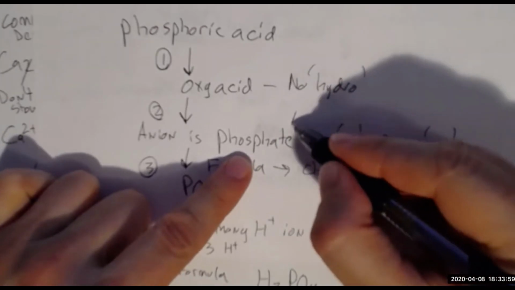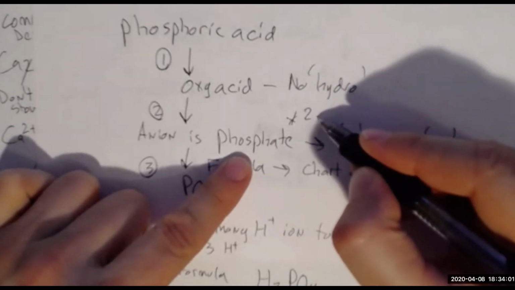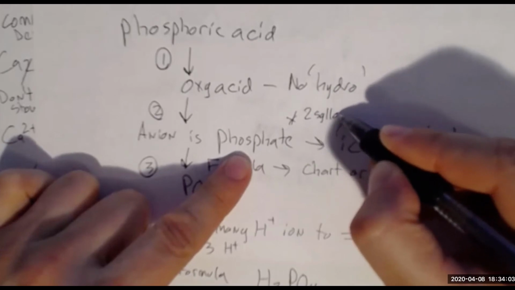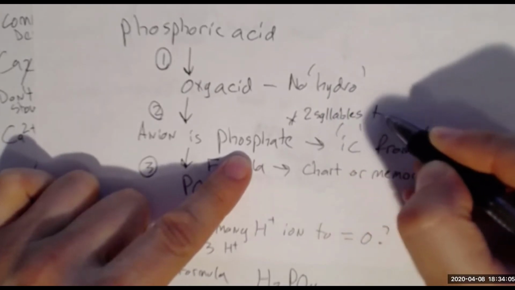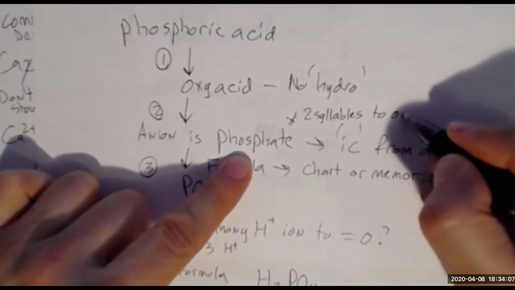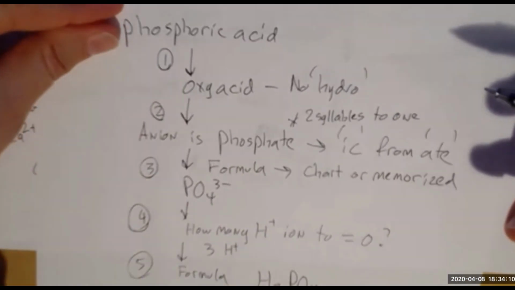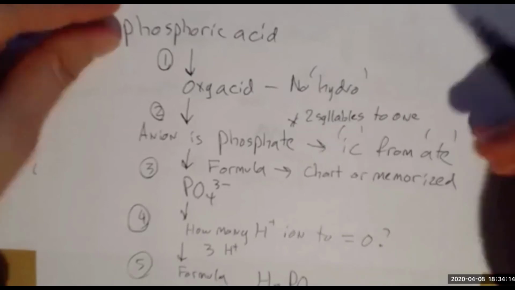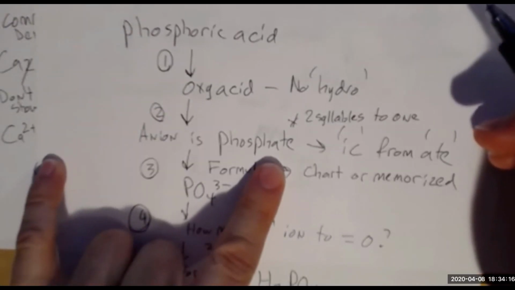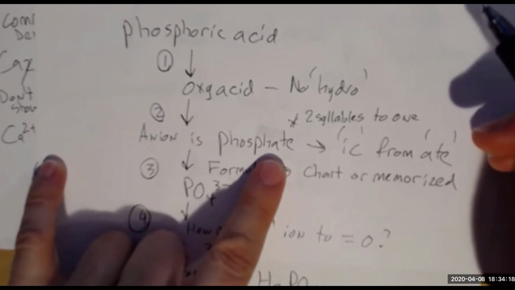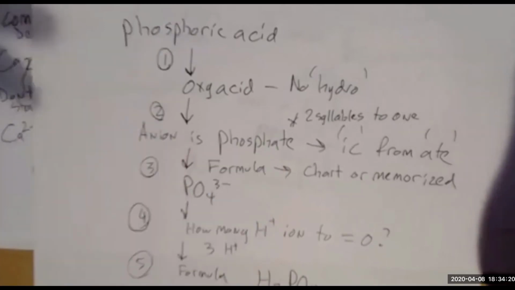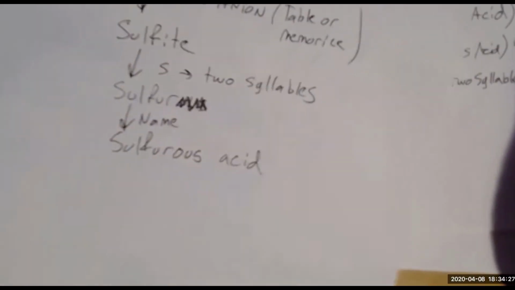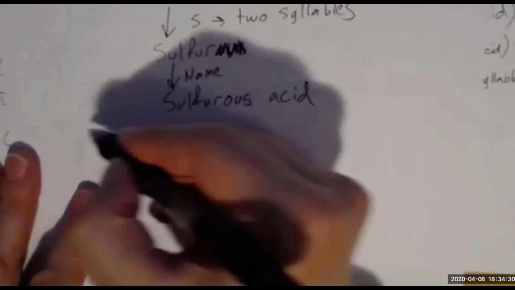This was going from 2 syllables to 1, going backwards. I'm being really picky here, but this is phosphoric. So I don't just say phosphorate. I lost a syllable. It just becomes phosphate when going backwards. That's the oxyacids.